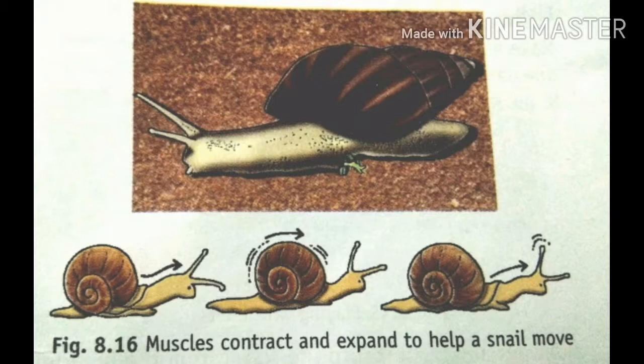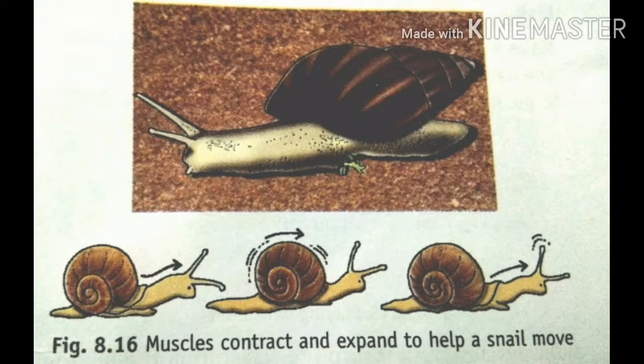The shell is the outer skeleton, which is not made up of bones. It protects them from cold and danger. Snails have a pair of tentacles, and they have eyes on the top of the tentacles.